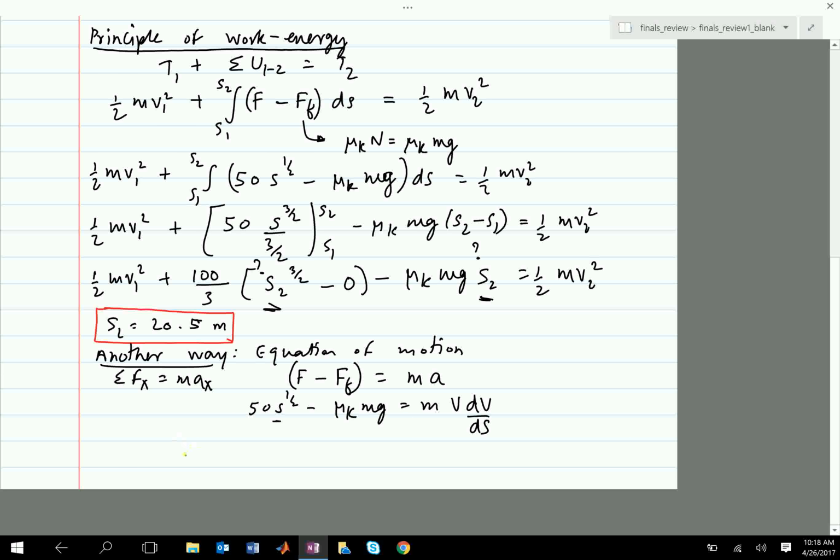So what you get here effectively is the integral of 50 s raised to half minus mu k mg ds from s1 to s2, and this equals the integral of mv dv from v1 to v2, which is half mv2 squared minus half mv1 squared.